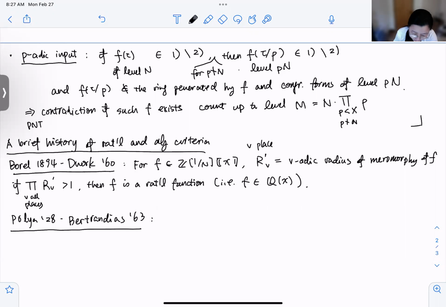And the work of Corvaja–Zannier-style generalizations allows more generality. I'll only state an easy version, a special case.